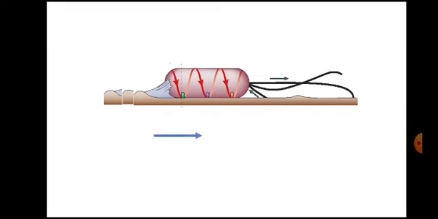So this movement is very slow. Per minute this bacterium can move only up to a few micrometers. This movement is without flagella. Flagellar movements are very fast.